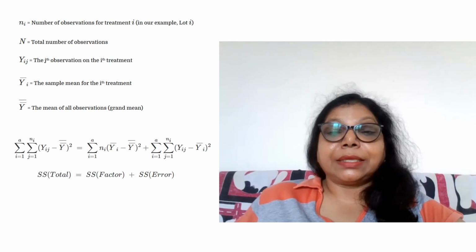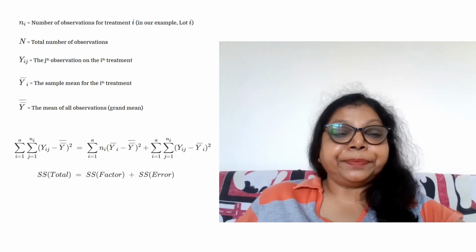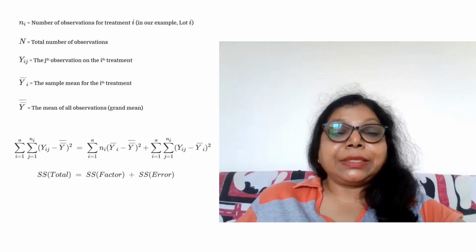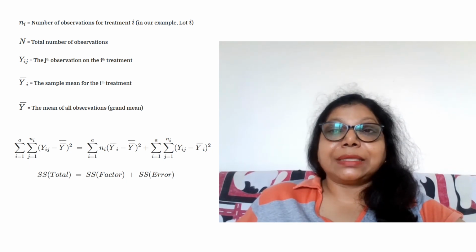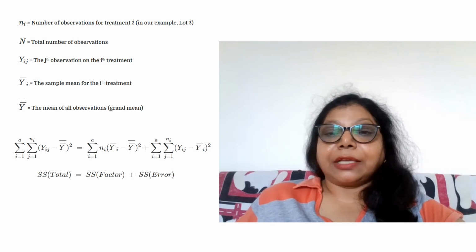So that is why I said SS of the factor plus SS of the error is equal to SS of the total. While the equation may seem complicated, focusing on each element individually makes it much easier to grasp.